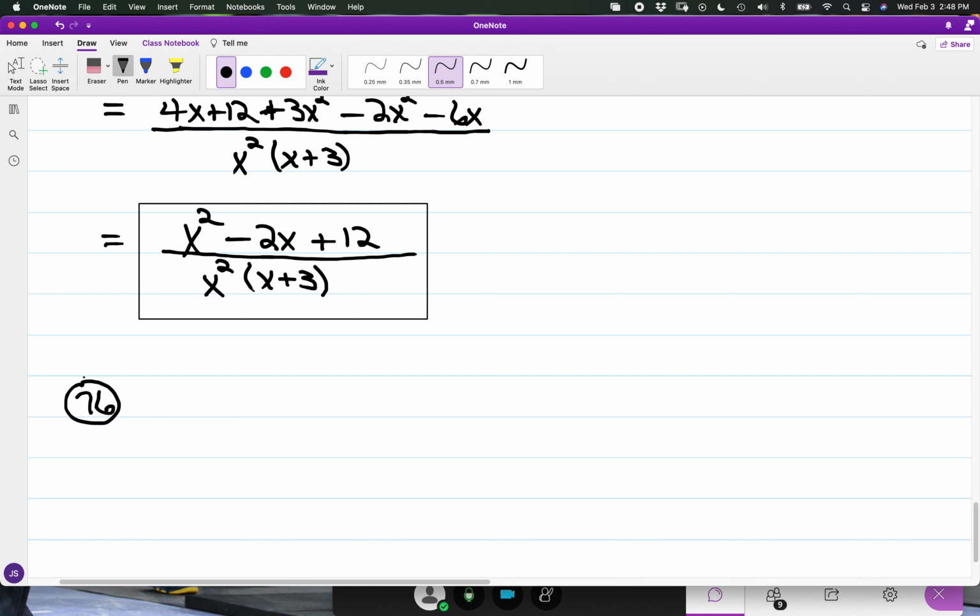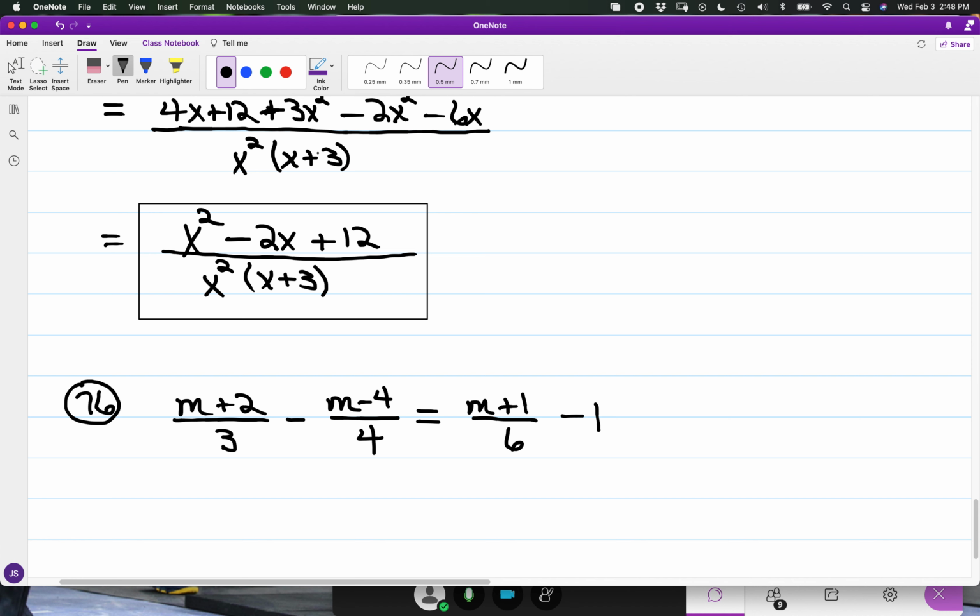The reason I'm doing it for this problem is that we now have an equation, and we're solving for the variable m. So we have m plus 2 over 3, minus m minus 4 over 4, is equal to m plus 1 over 6, minus 1.